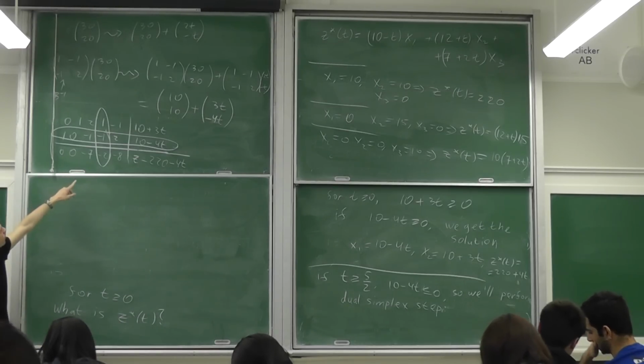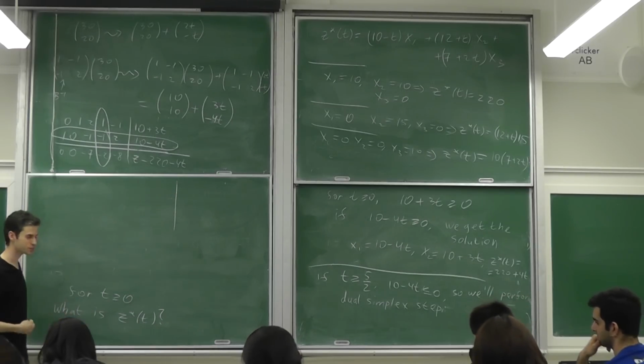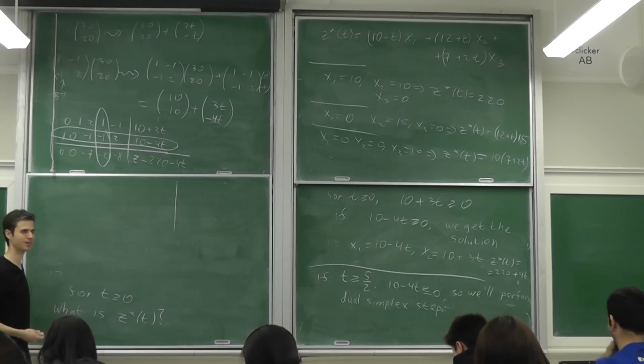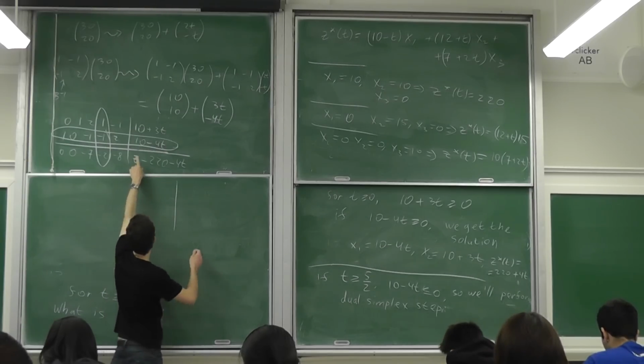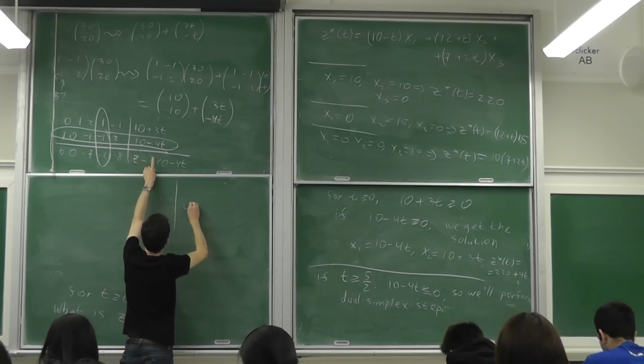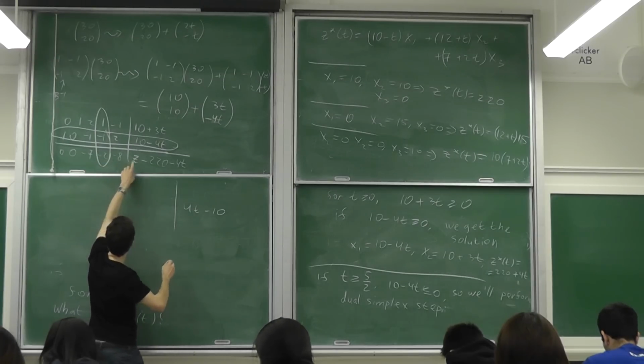So once again, let me try to make these computations as quickly as possible, and then, well, if they are not enough, I'll compute even more. So here it will get updated to 4t minus 10. I multiply the second row by minus 1.